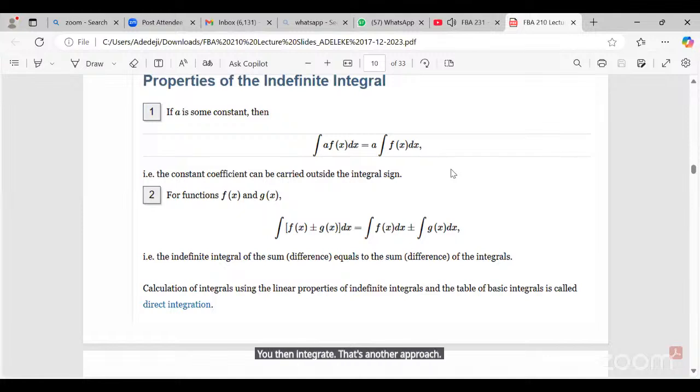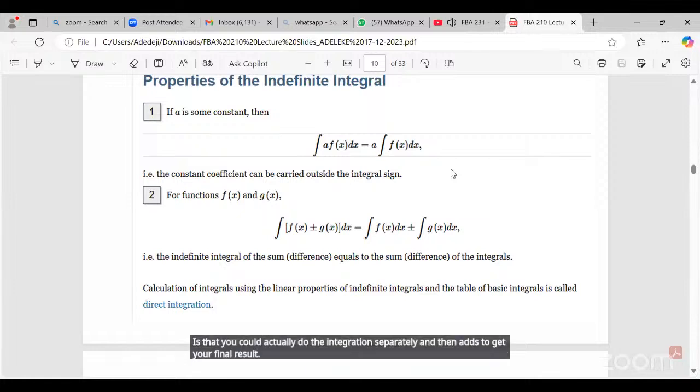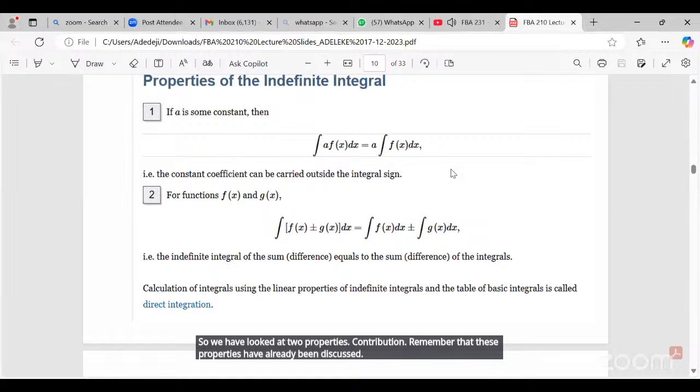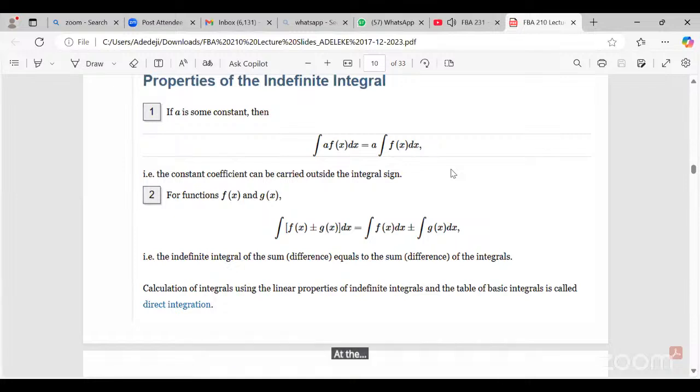So that's what the second property is talking about: you could do the integration separately and then add to get your final result, or you could add before integration is done. So we have looked at two properties of integration. Remember that these properties have already been discussed at the 120 level.